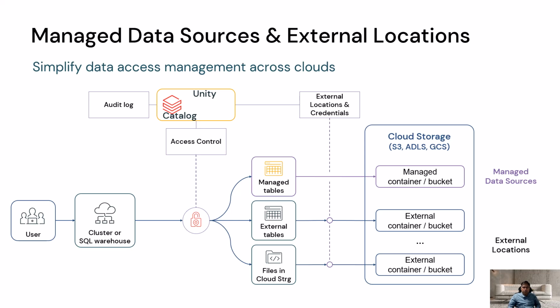Now, what is a managed data source? If you see in the diagram, the managed data source. Whenever you set up a Unity Catalog metastore, you associate it with a managed data source, and this is nothing but a specific container or bucket in the cloud storage. This data is exclusively accessed through Databricks, because it ensures a secure and controlled data environment.